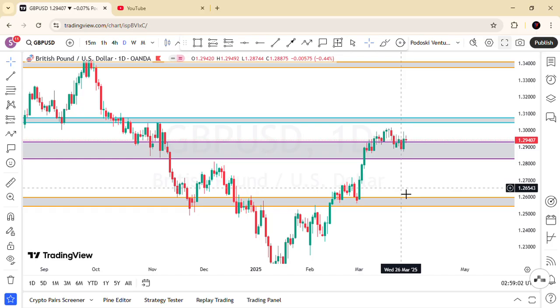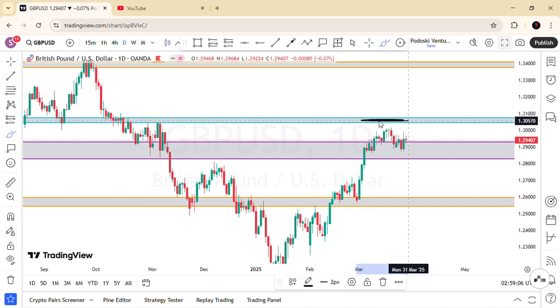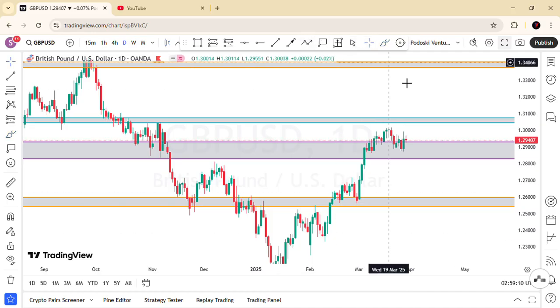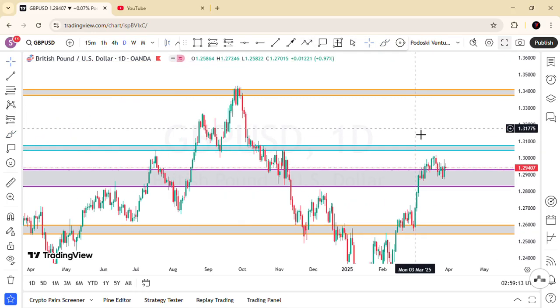This is the daily time frame. So I have here my daily supply zone. On the daily time frame, this is all I could identify.